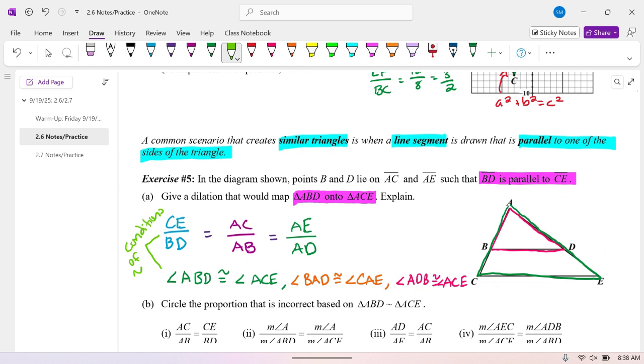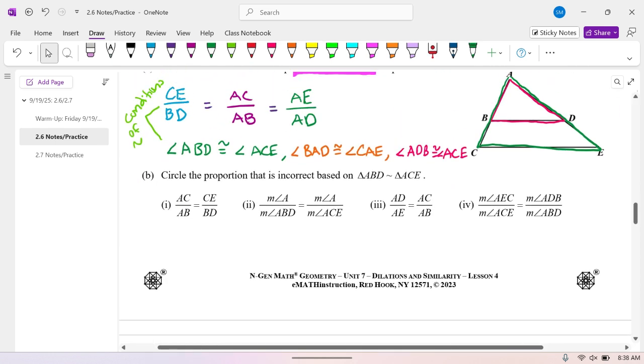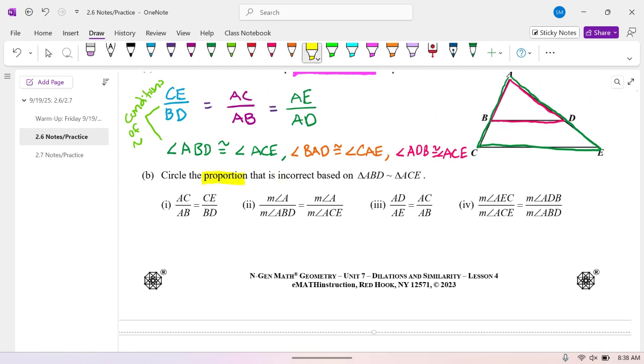Does everyone understand that? So if we look at our last question here, circle the proportion that's incorrect based on what we know about triangle ABD being similar to ACE. So let's just go down the line. AC over AB equals CE over DB. Is that correct?